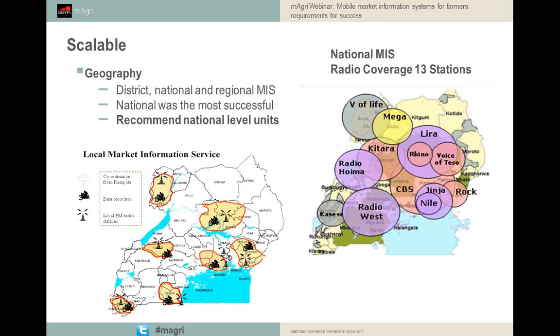And I think that was the most successful scale that we actually worked on. When you go to regional levels, you then have to rely on the effectiveness of all of the national services that you're linking into. And it's the weakest link here that really makes or breaks a service. And I think at the moment, the most successful unit of process is this national level MIS.